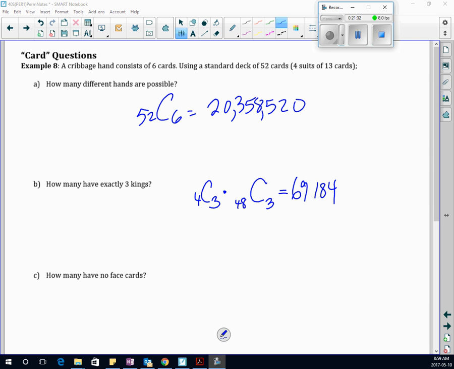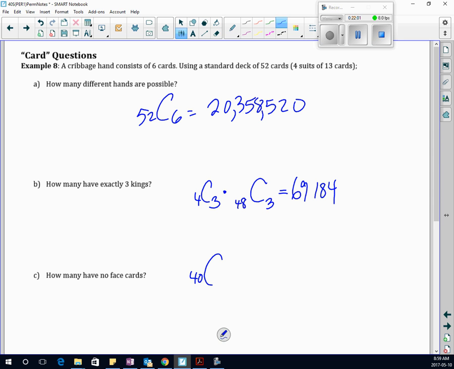Okay, I need to find a crib hand that has no face cards. Does everybody know what a face card is? Jack, Queen, King. How many are there? There's 12 face cards, right? So to guarantee not getting any face cards, I need only the pile of non-face cards. So how many would there be? 40. Choose?